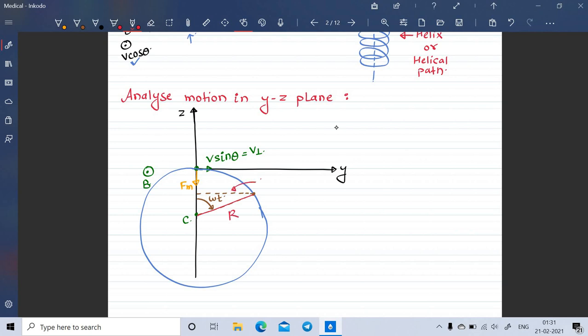This length will be r sin omega t. This length will be r cos omega t. So if we are looking for coordinates of this point, it will become r sin omega t, minus r(1 minus cos omega t).